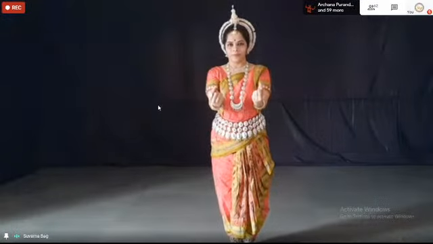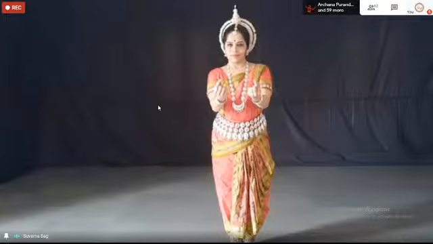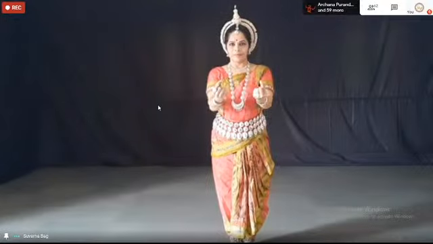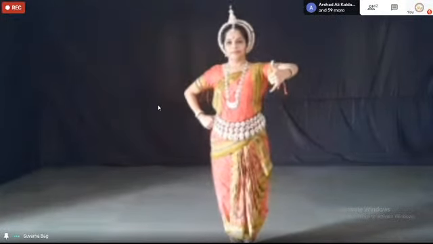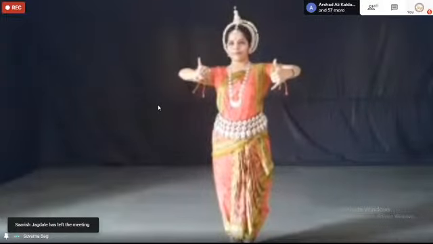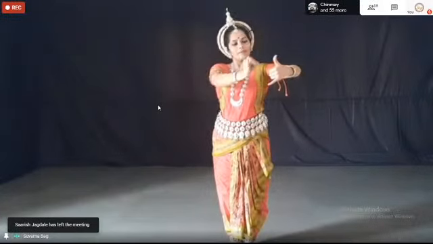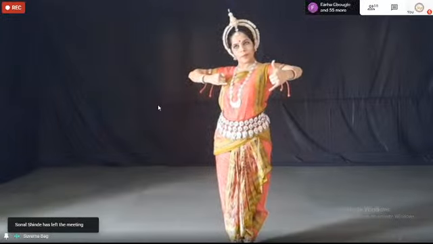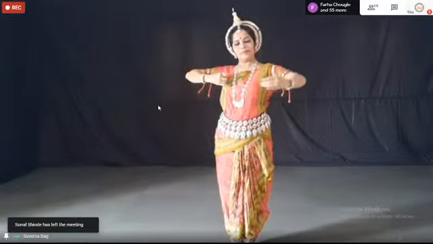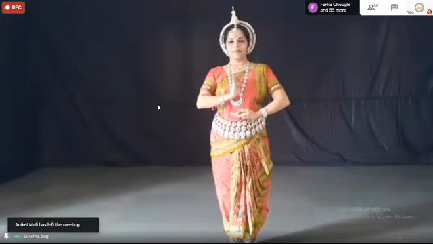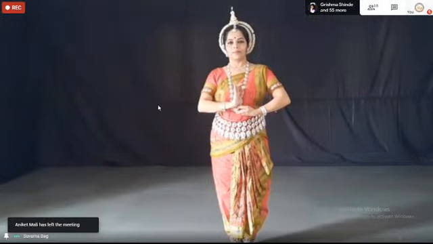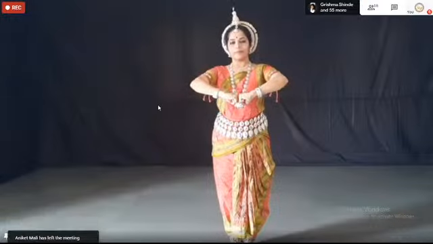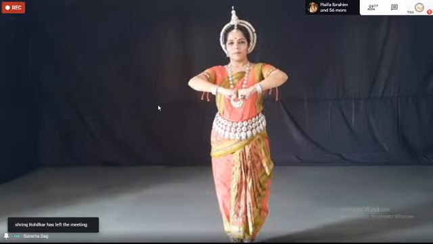Tambula, to show a little bit of something. Bana. Dhanu and Ban. Ban is the arrow, Dhanu is the bow. Vardhamanaka, a meditation pose. Mesha Juddha, to show Malla Yuddha.